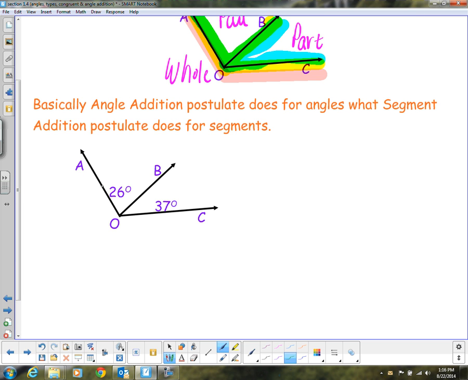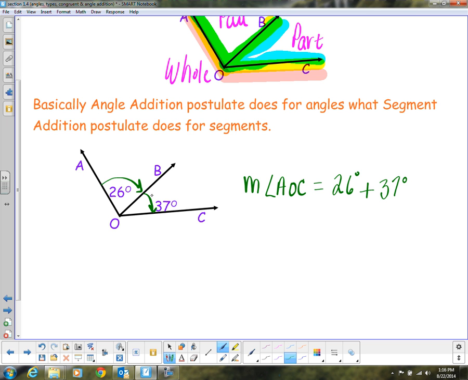If this angle is 26 degrees and this angle is 37 degrees, then the measure of angle AOC must be the measure of AOB, which is 26 degrees, plus BOC, which is 37 degrees.